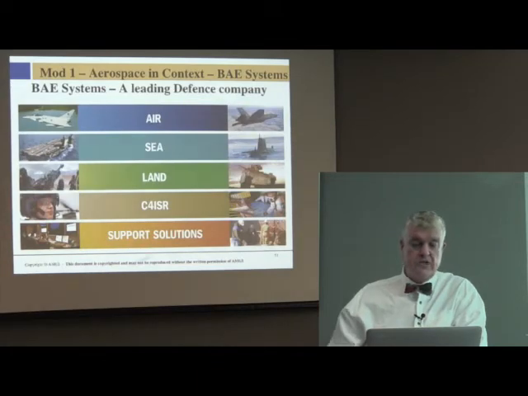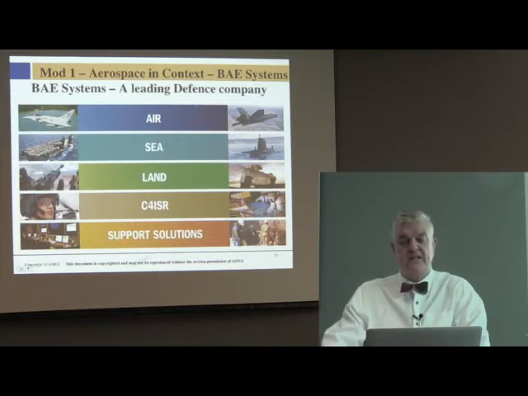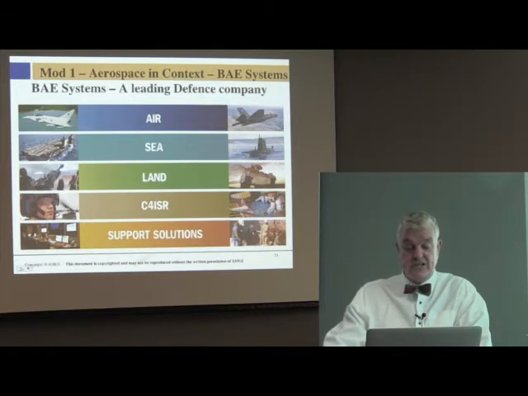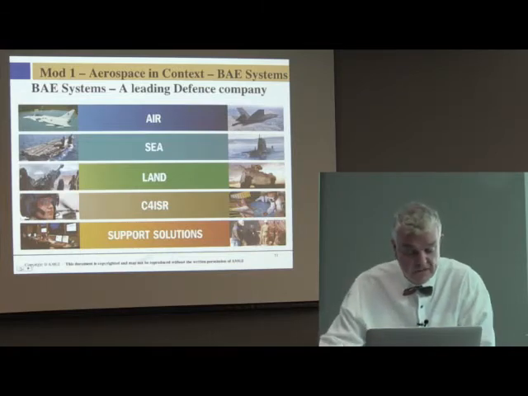Now, I also will talk about an example of British BAE Systems, formerly British Aerospace. This is the defense side of it. They have defense products in air, sea, land, also communication systems, and support solutions as well, electronic telecommunications systems for military.